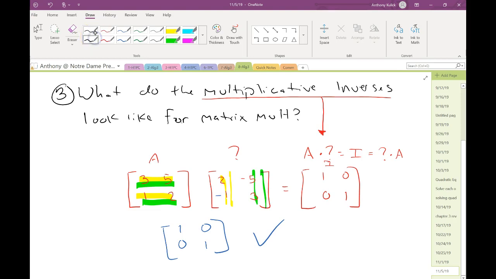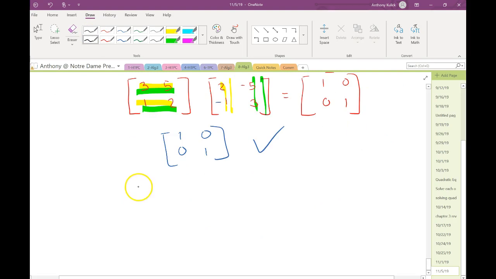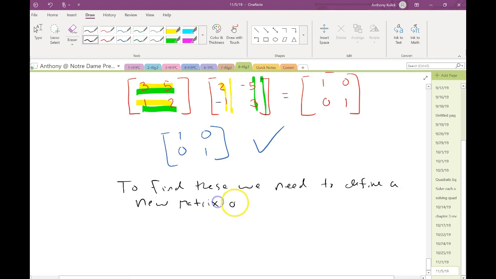And to answer that, we're going to have to define a new matrix operation. And this matrix operation is called the determinant.